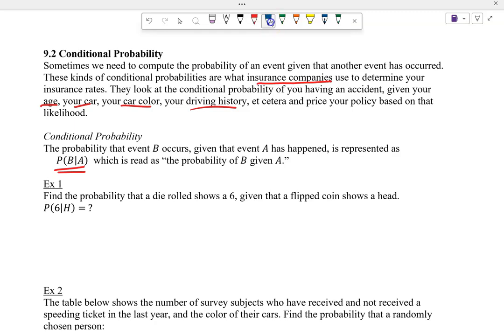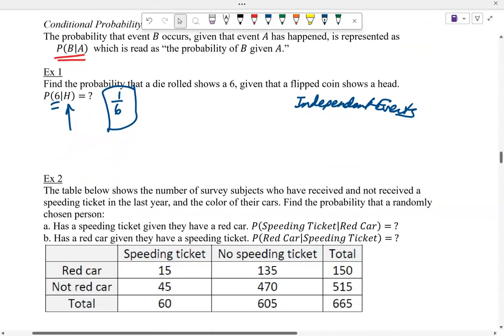So what's the probability of rolling a 6? Well, it's 1 out of 6, because even though it's given that I flipped a heads, it has no impact. These are independent events. So it's still 1 in 6. It has 0 impact on the probability of rolling a 6. So probability of rolling a 6, given you roll the heads, still 1 in 6.